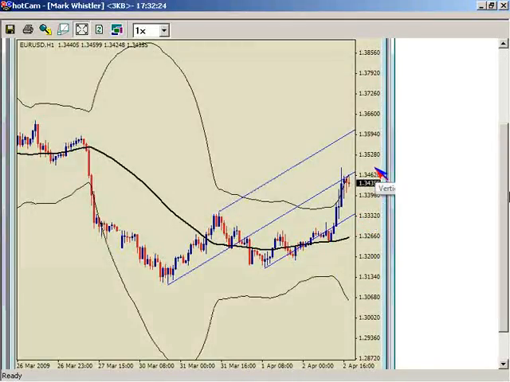Let's think of the pitchfork line as a median.